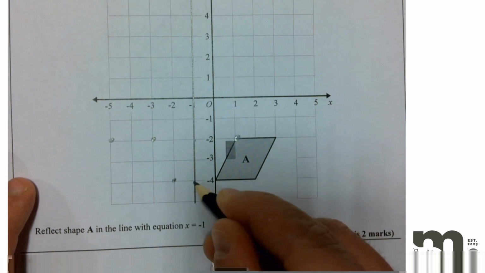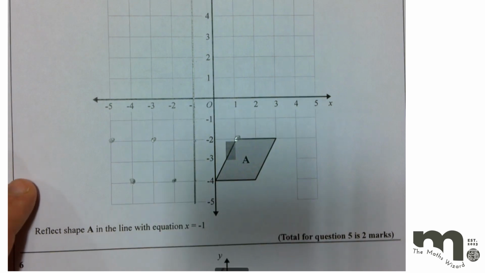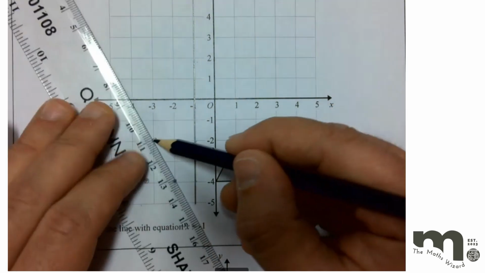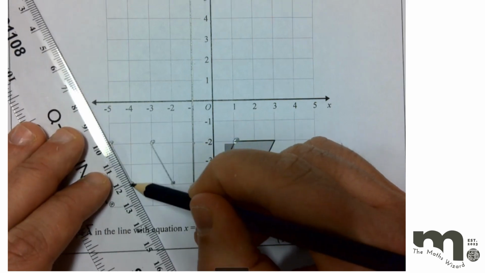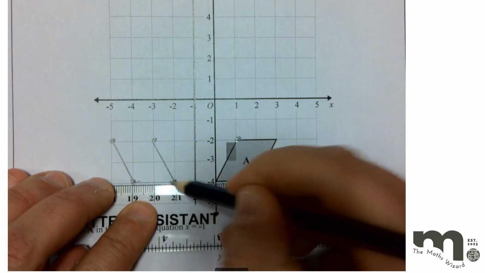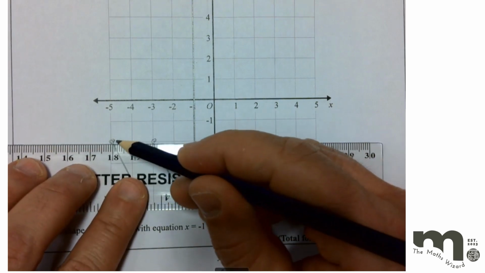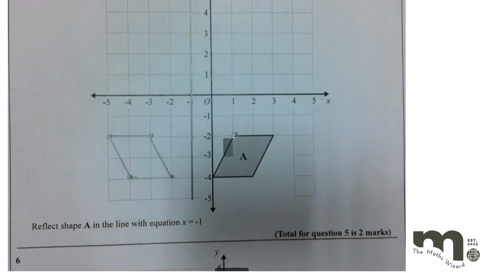This one here is 3 squares away, so it's going to be 3 squares away the other side. Now we've just got to join our corners together, our points together on the shape. And there we go.